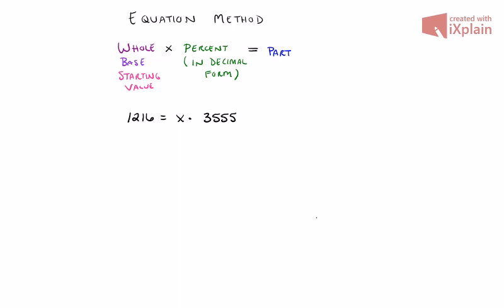The number that is isolated all by itself is the part, so I'm going to color code this. The 3,555 is going to be the whole value, or our starting value, or our base value. And where the variable is sitting belongs to our percent.